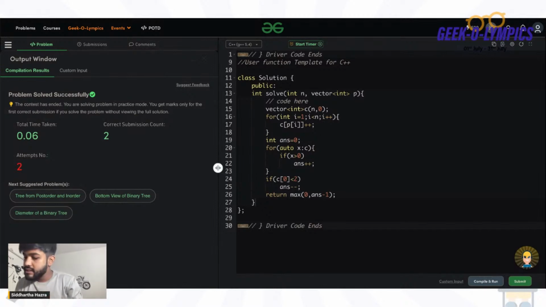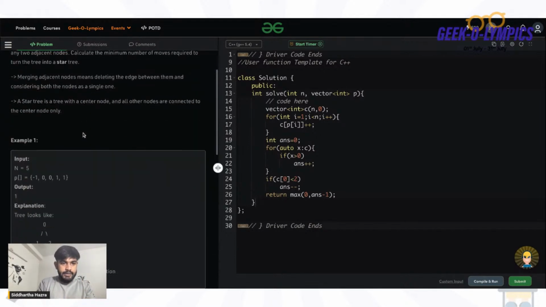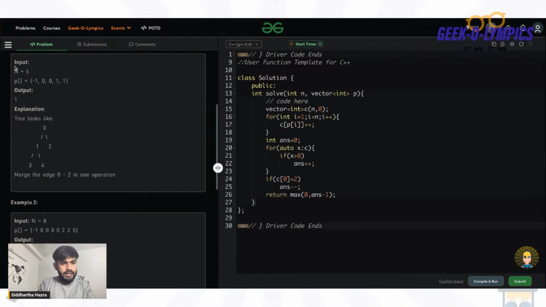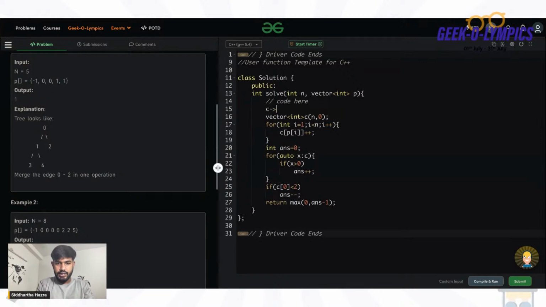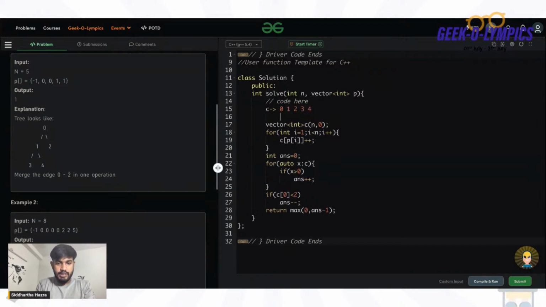Okay, let's quickly explain once again. Let's see this. Let's do a dry run for the first test case. So initially for C, this is the 0 index, this is the first, this is second, this is third, this is fourth, and this is required. And now this is C, and these are the values of C. First we would start with the very first element.